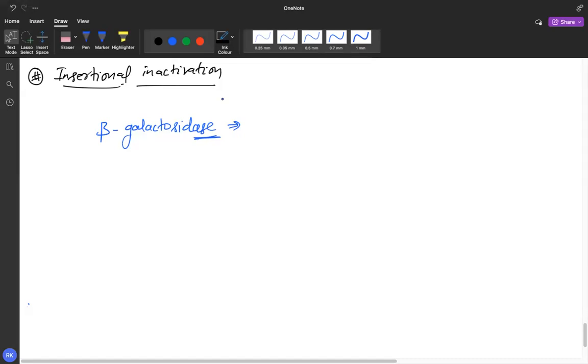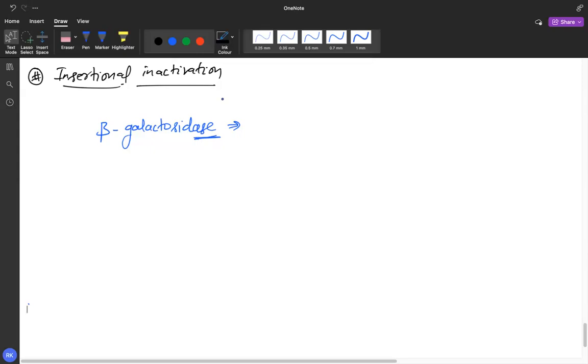There will be no color, and the colonies will be colorless like they normally are. And if you get normal colorless colonies, it means that those are the recombinant colonies. They successfully contain the plasmid, and they also successfully contain your gene of interest in that plasmid, inserted within the beta galactosidase region. Does it make sense?